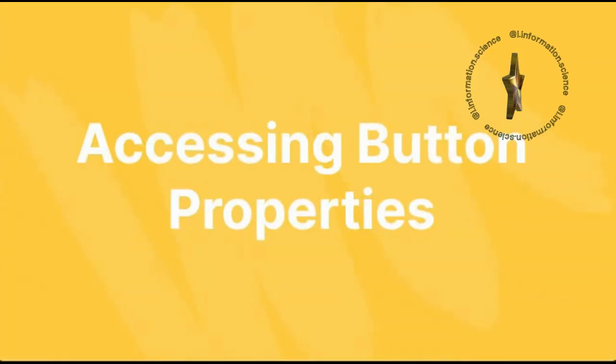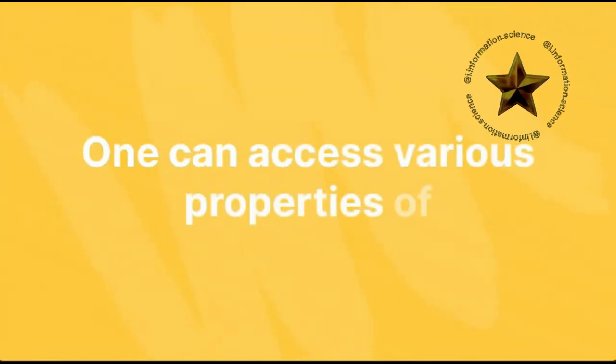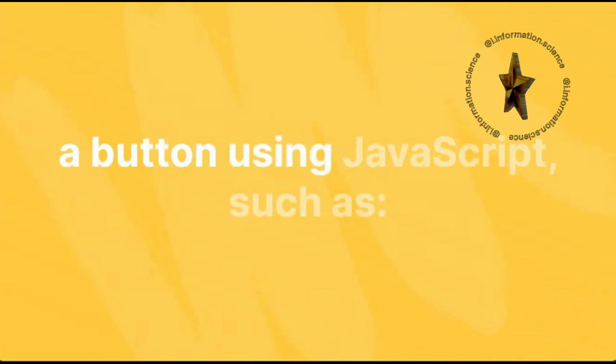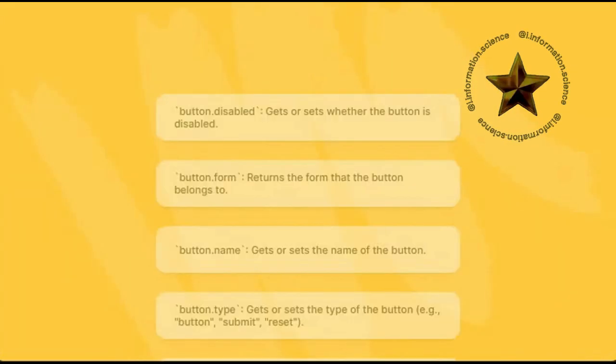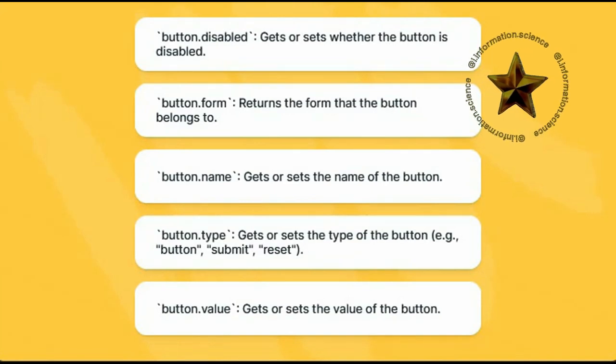Accessing button properties. One can access various properties of a button using JavaScript, such as: button.disabled gets or sets whether the button is disabled. Button.form returns the form that the button belongs to.